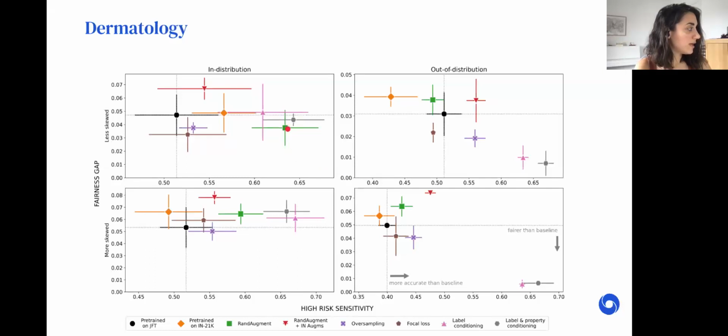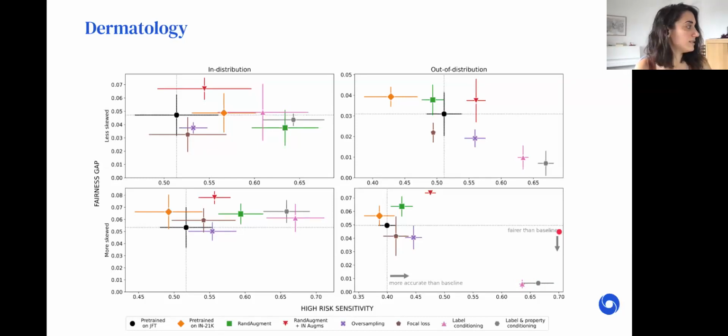So we don't see an improvement on fairness in the in-distribution setting, which is the left column, while in the right column, where we look at out-of-distribution performance, our models improve both the fairness gap and the high-risk sensitivity quite significantly. Especially in the more skewed setting, you can see that we have a 7 times improvement of the gap with respect to the baseline.